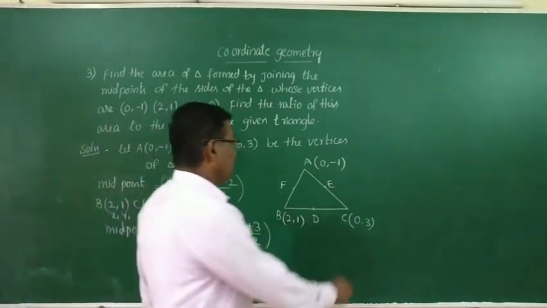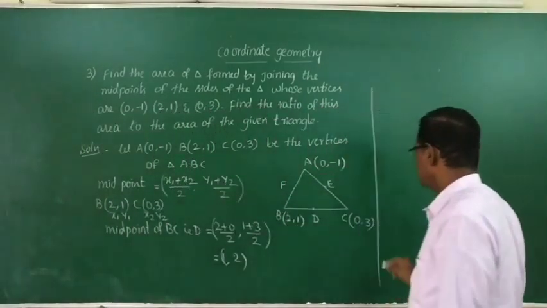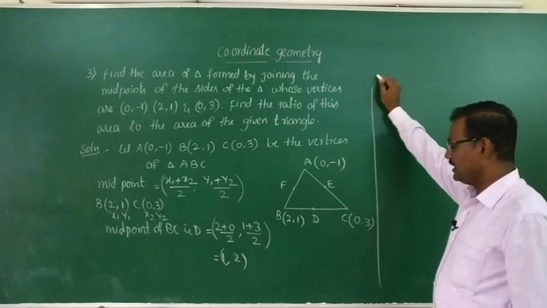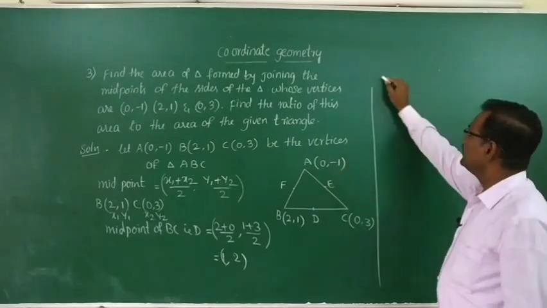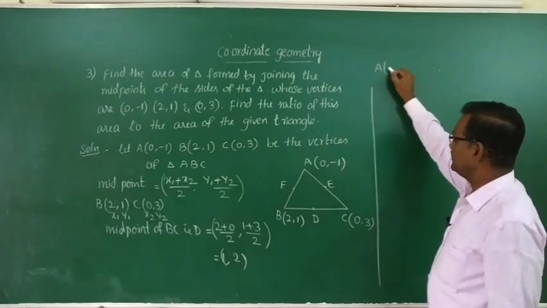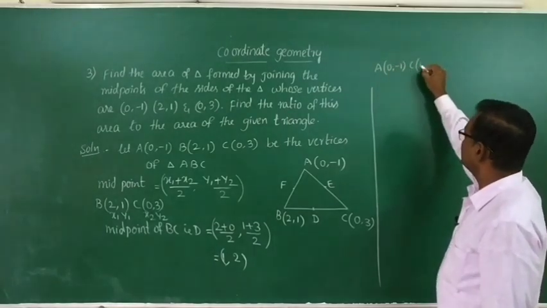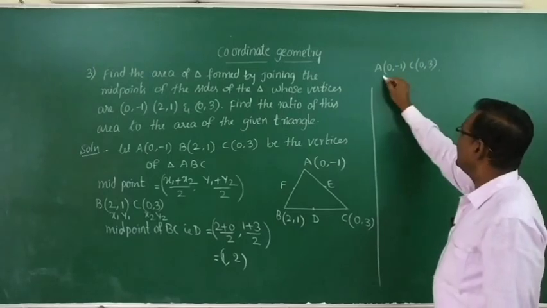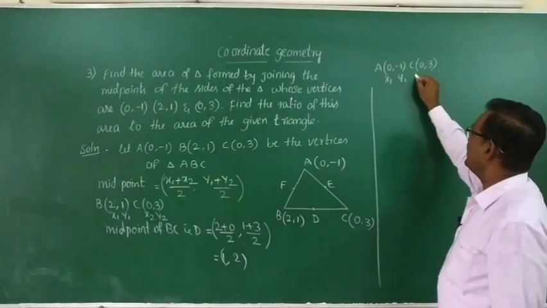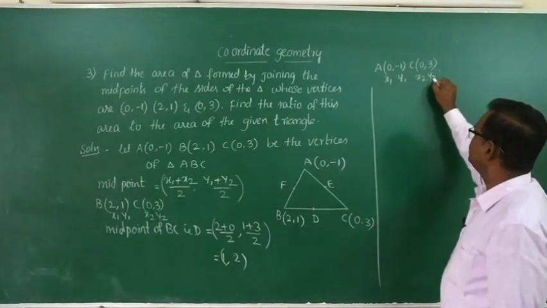Next, we have to find the midpoint of AC. Let us take A as (0, minus 1) and C as (0, 3), with x1, y1, x2, y2.